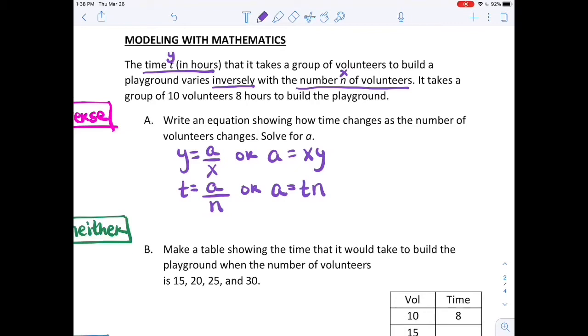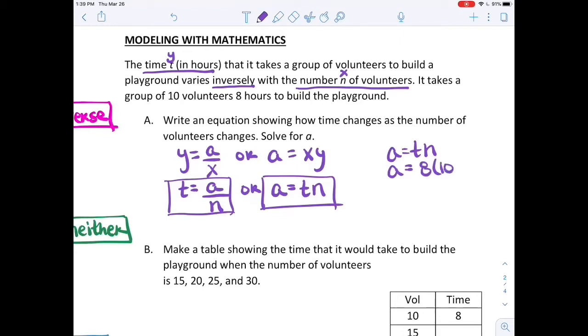All right, so let's go ahead and solve for A. That was the second part. So this is our equation right here. But we want to know what A is. So we can say that A is equal to T times N and plug in the values that we know. We know that it takes 8 hours when we have 10 volunteers.